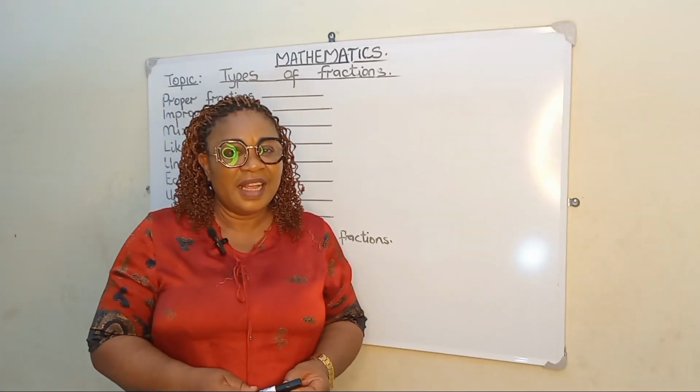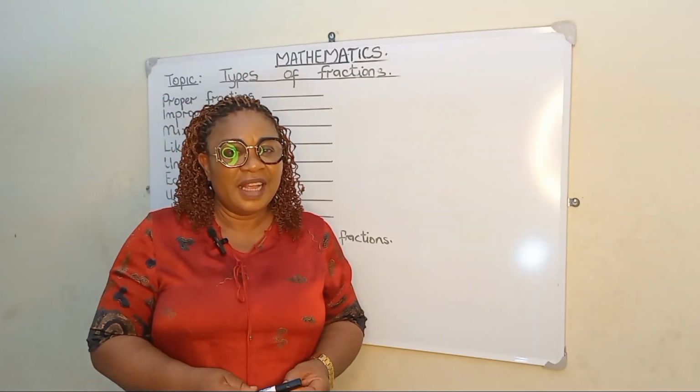Okay? Then when we go to unlike fractions, unlike fractions are those fractions where you see the denominators are different. Okay? Like this, when you look at the denominators, they are different.